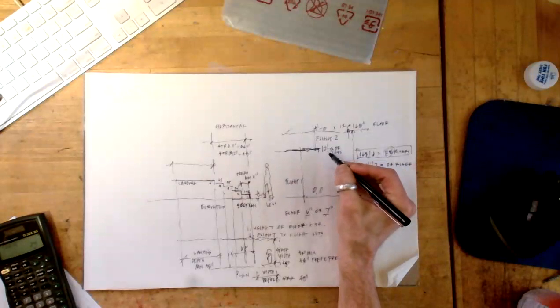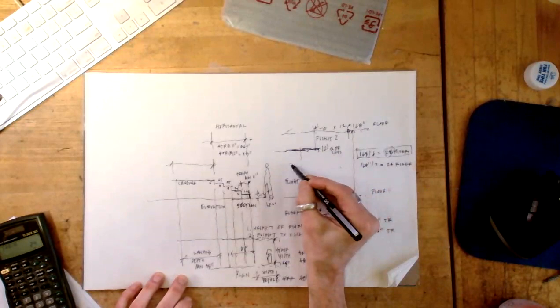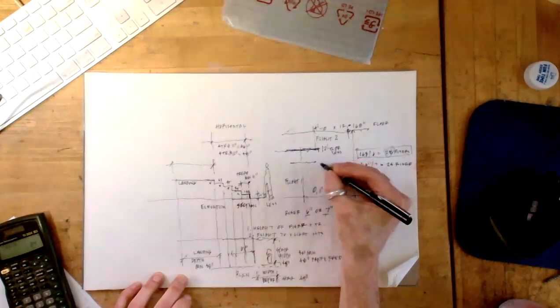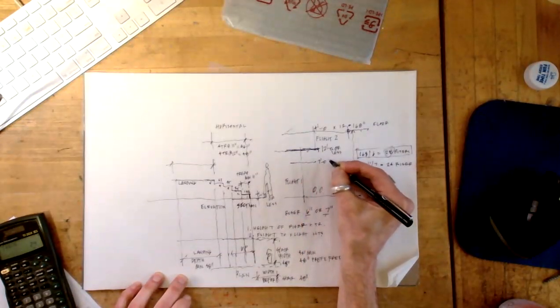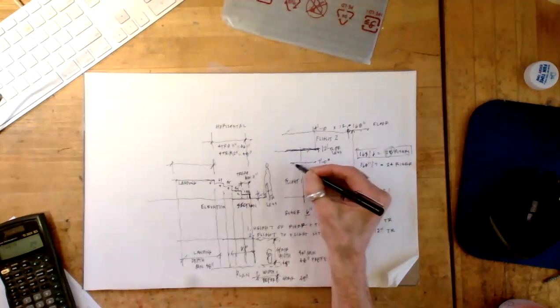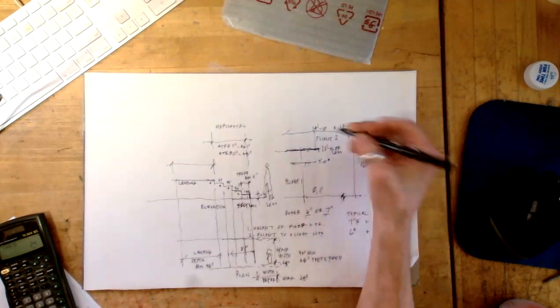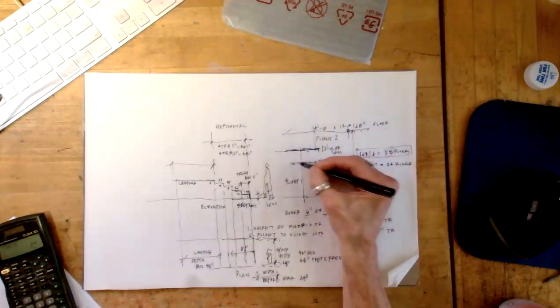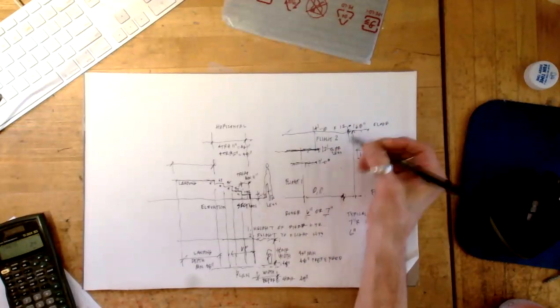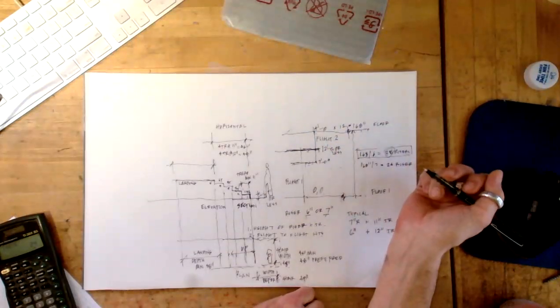Let's say the flight 2 landing is at 7 feet. The distance to flight 1 is 7 feet. So the distance from the landing, the resting place, to the top, which is flight 2, is going to be 7 feet as well.